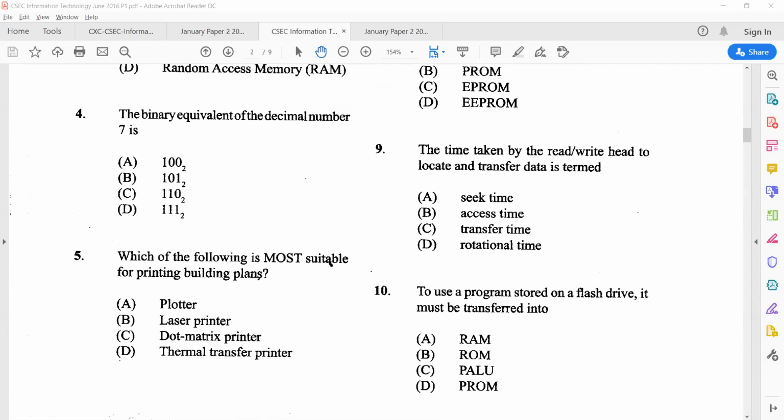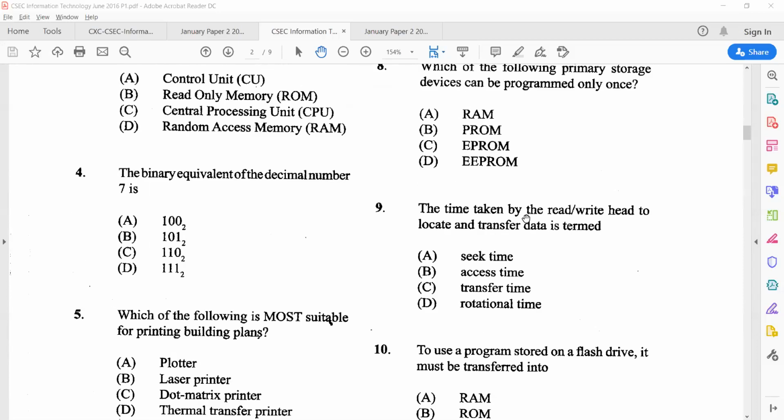Number 9, the time taken. Sir, what is the meaning of EEPROM? Erasable programmable read-only memory. Oh, sorry, mic was off.